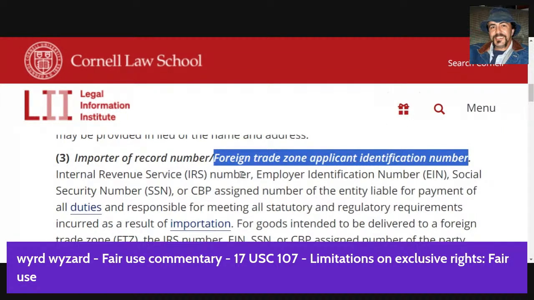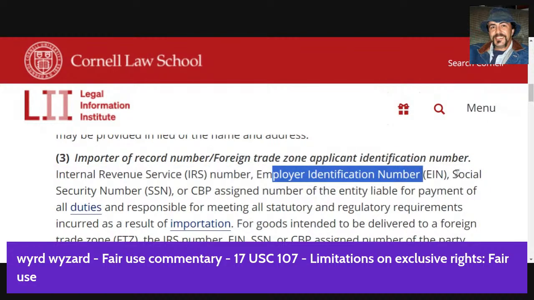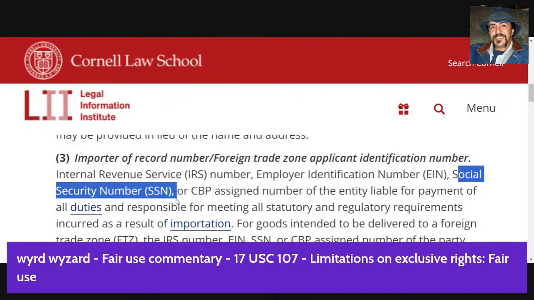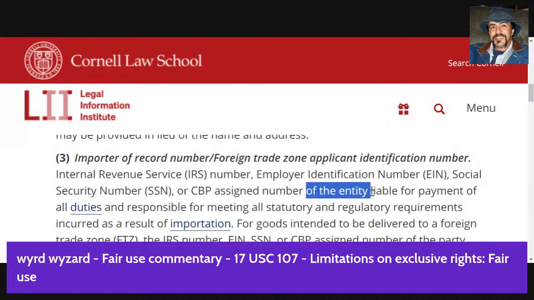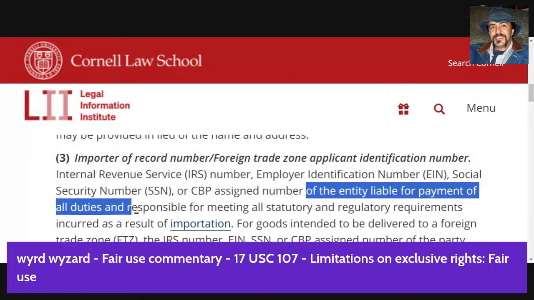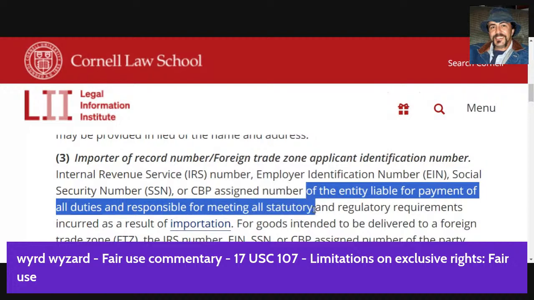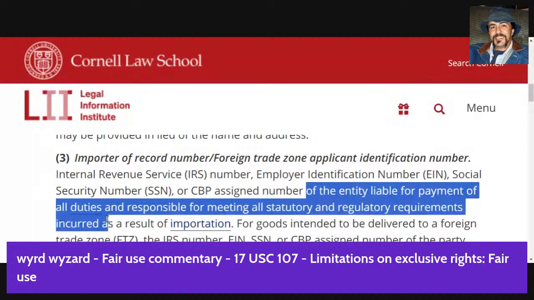Internal Revenue Service IRS number, employer identification number, social security number, or CBP assigned number of the entity liable for payment of all duties, and responsible for meeting all statutory and regulatory requirements incurred as a result of importation.